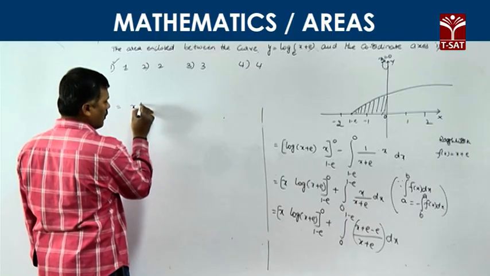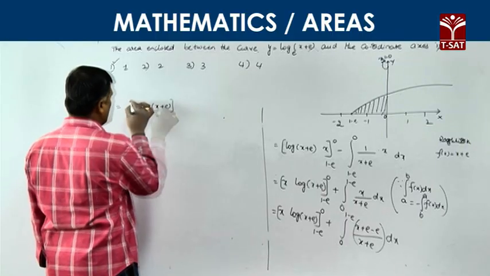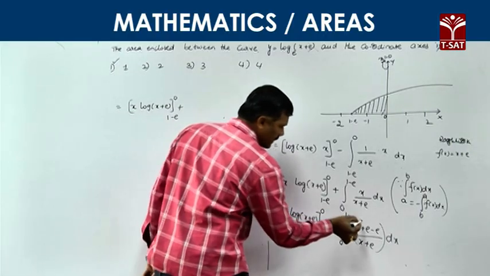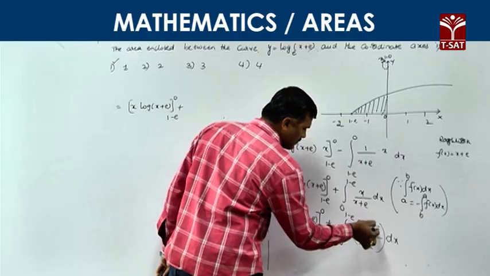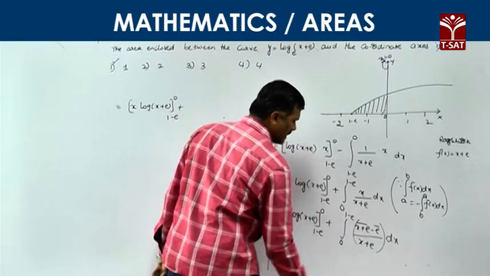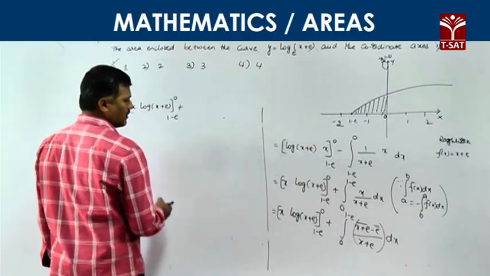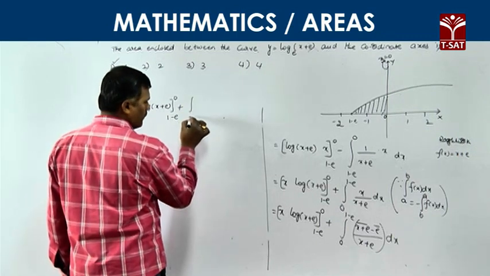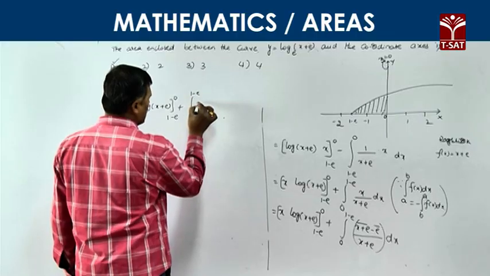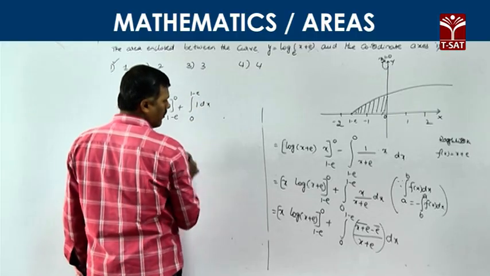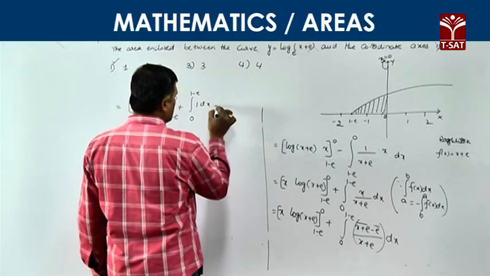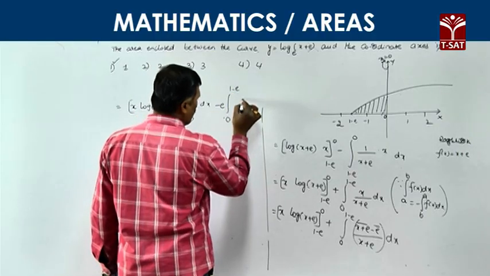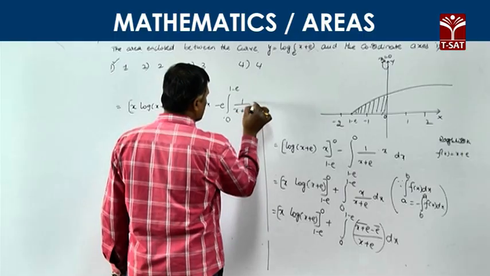First, x into log of x plus e, 1 minus e to 0, plus, and this part is taken as a minus b by c, that is a upon c minus b upon c, that is equal to x plus e by x plus e. Integral of 0 to 1 minus e, 1 dx, minus e constant, minus e into integral of 0 to 1 minus e, 1 by x plus e dx.